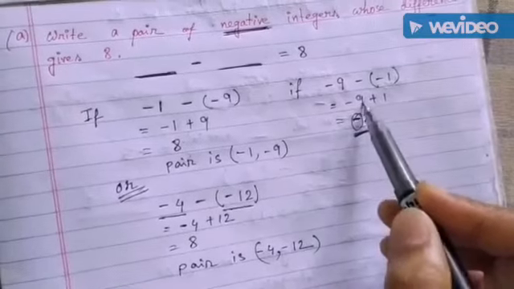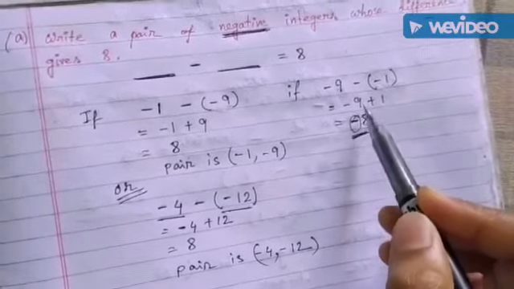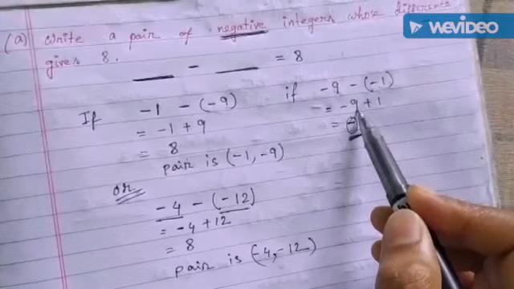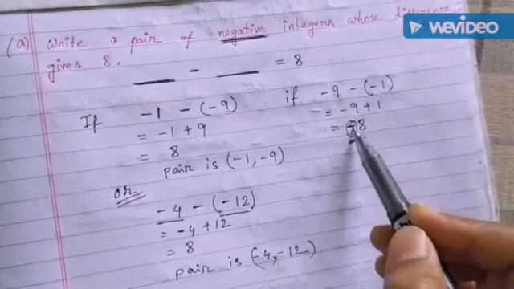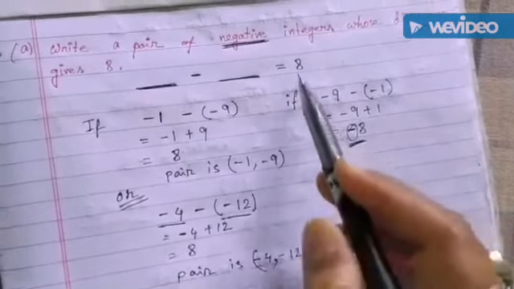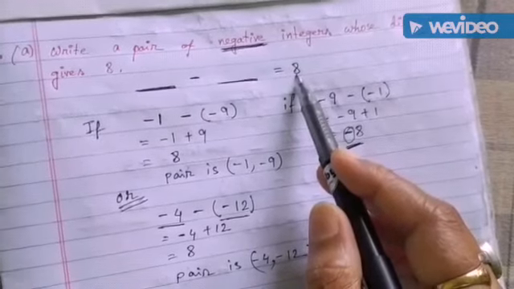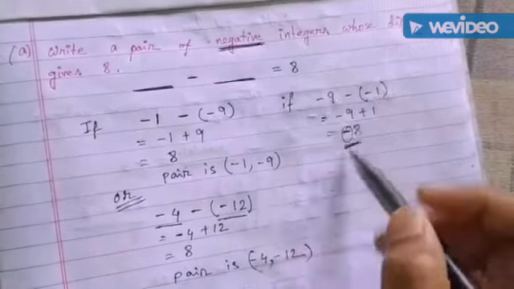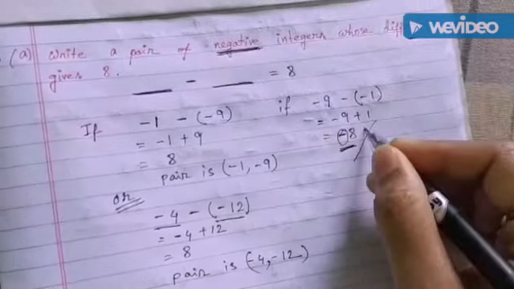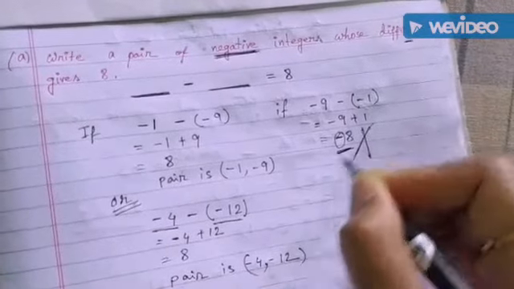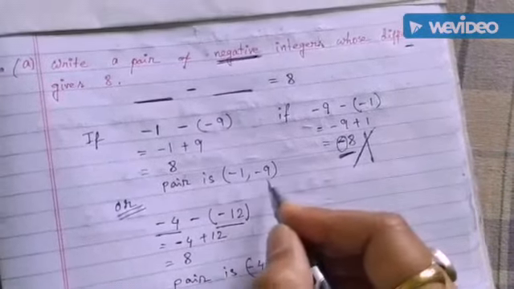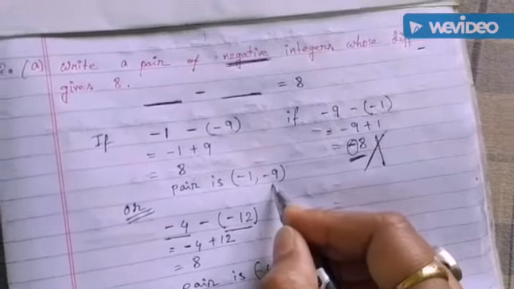The difference will be 8, and which number is greater? 9 is greater, so before 9 the negative sign is here. So the answer will be minus 8, but the answer here should be 8. So this will be wrong. Here the pair will be minus 1 and minus 9.